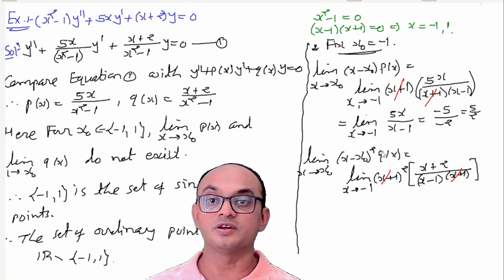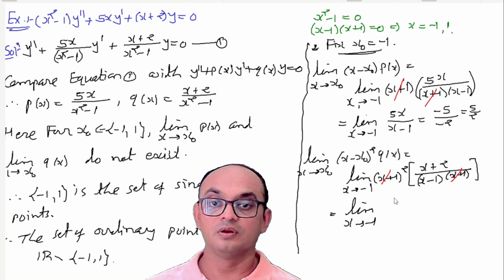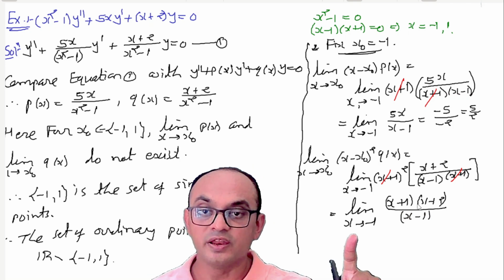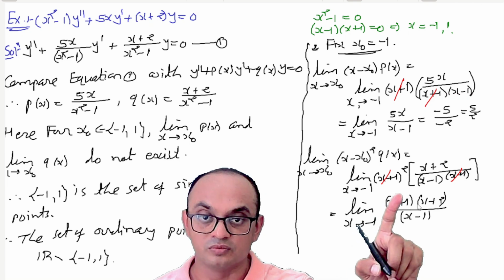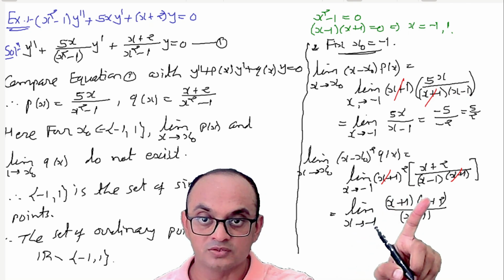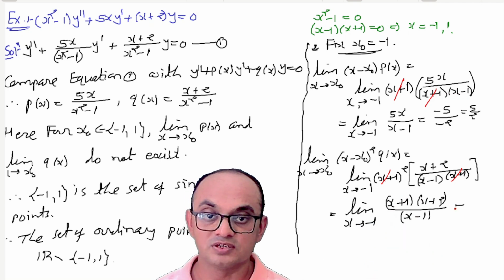So this is the limit x tends to minus 1 of (x plus 1)(x plus 2) upon x minus 1. When you substitute x equal to minus 1, minus 1 plus 1 is 0, so 0 into (minus 1 plus 2) divided by (minus 1 minus 1). So this is equal to 0.